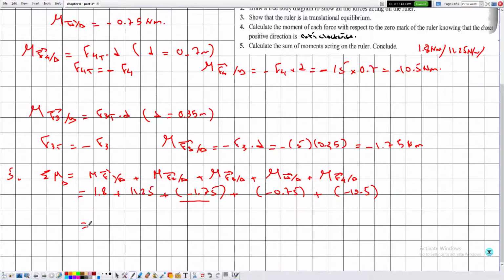So it's given minus 1.7. If we try to change 0.35 to 0.36 and multiply it by 5, this will give us 1.8. So minus 1.8 instead of minus 1.75, plus 1.8 plus 11.25 minus 10.5. Let me repeat the calculation again.